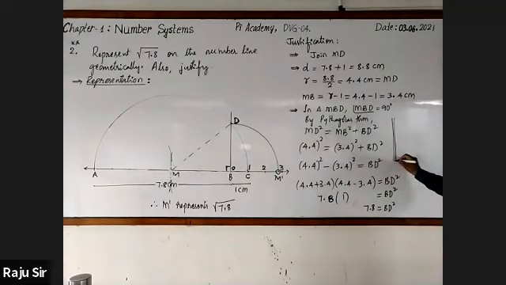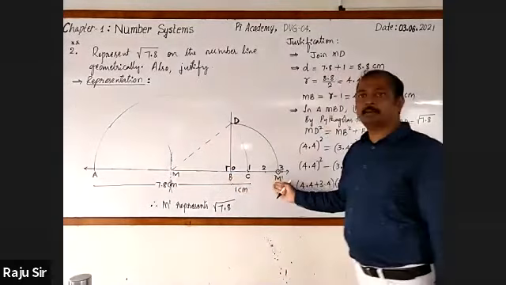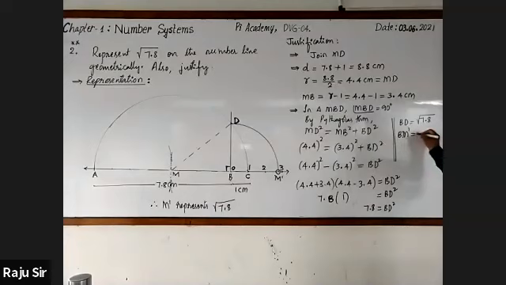Next, BD is equal to square root of 7.8. BD is nothing but BM dash. BM dash is also equal to square root of 7.8. Hence, it is justified.